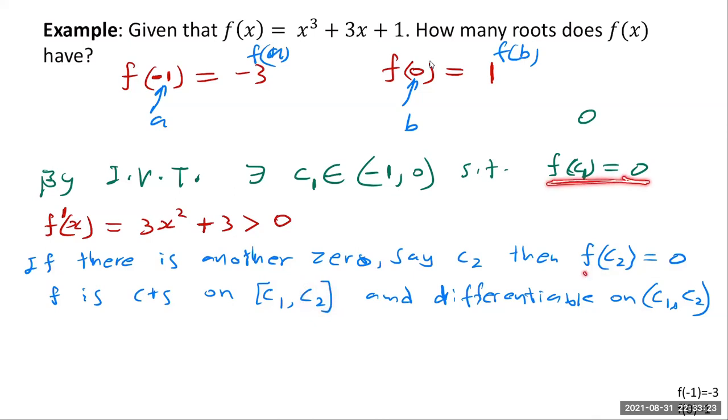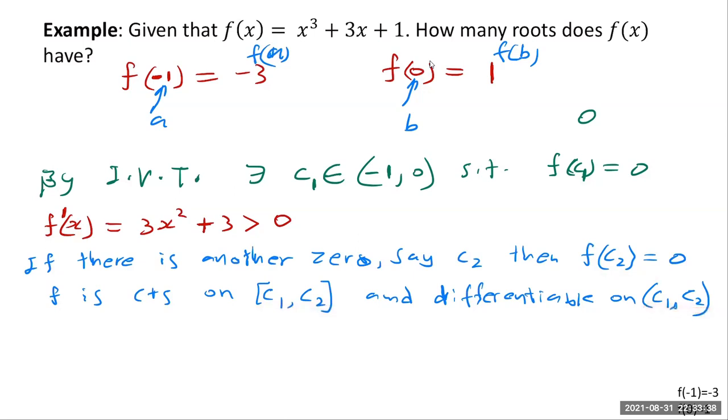f of C1 is 0, f of C2 is 0. The function is continuous on the closed interval C1, C2, and it is differentiable on the open interval.